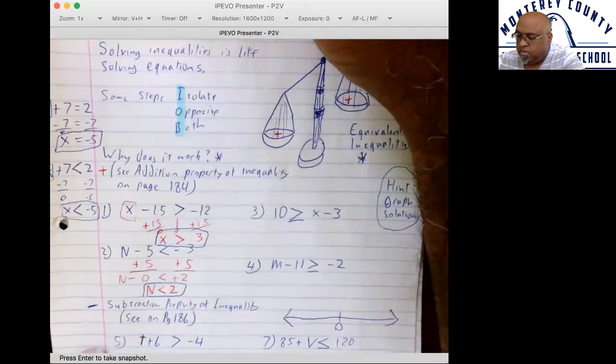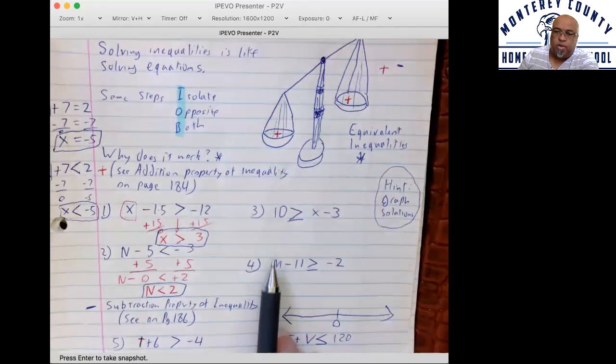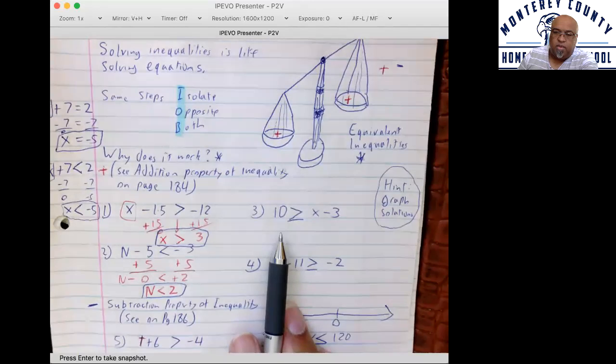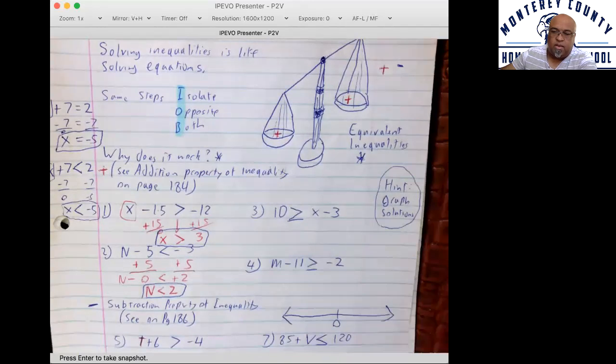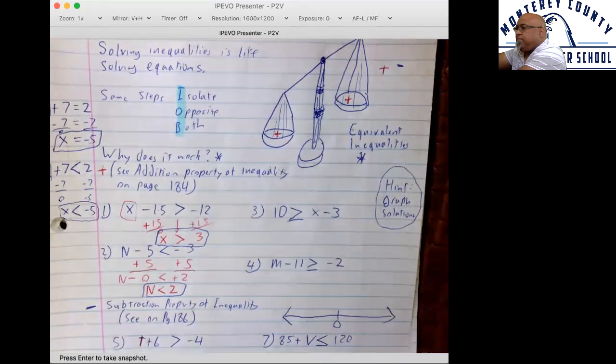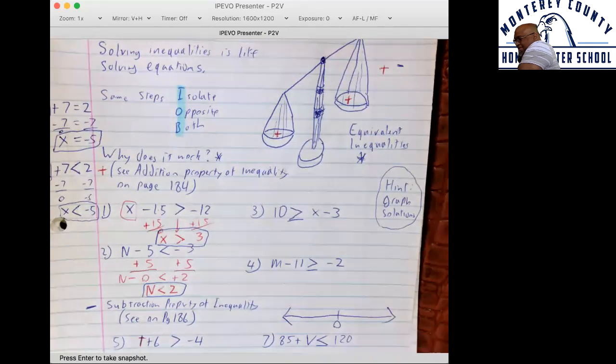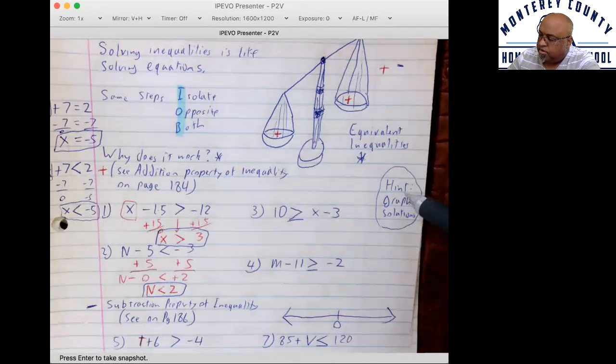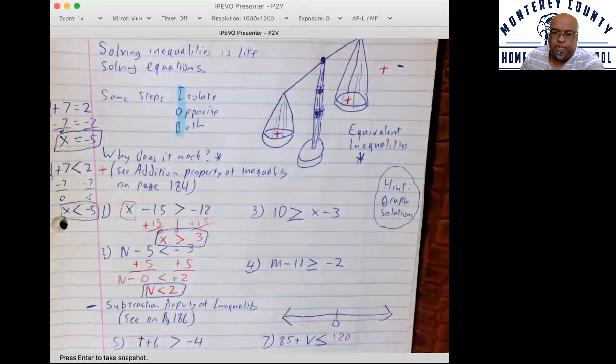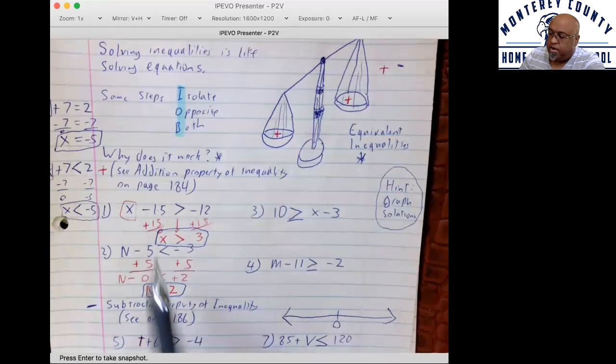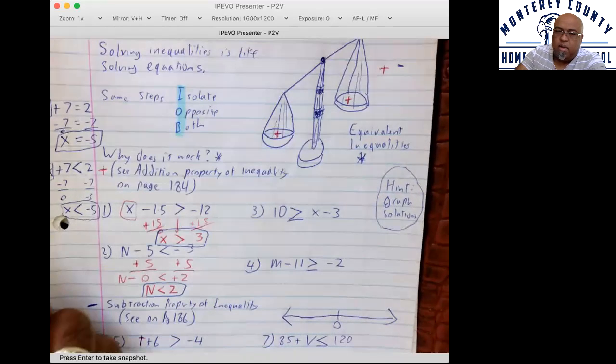Now, let's take a look at question 3. 10 is greater than or equal to x minus 3. Okay? Now, there's a little hint here. It says to graph your solutions. So, on the first couple of problems here, I did not actually graph them.